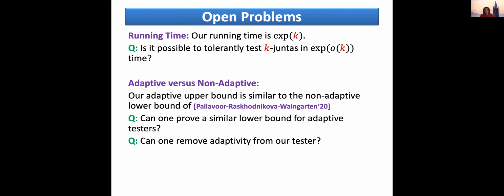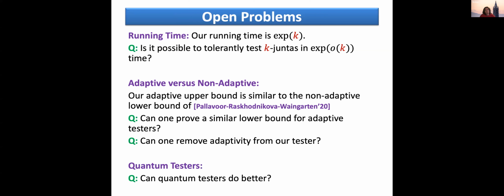One, can we prove a similar lower bound, something better than polynomial? Currently, there's no adaptive lower bound for tolerant testing of k-juntas. So can we prove a similar lower bound for adaptive testers? And the second question is, can we remove additivity from our tester, which uses additivity in several places, so this is not immediately obvious.